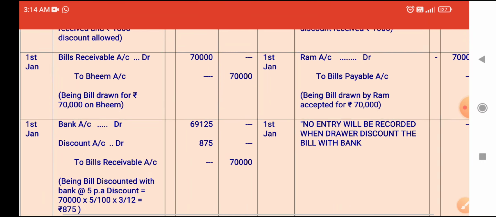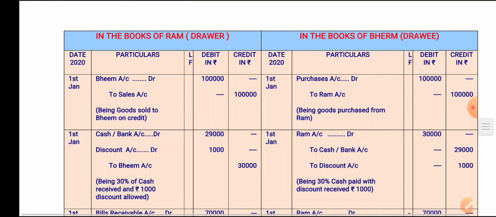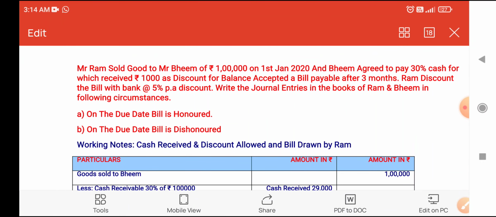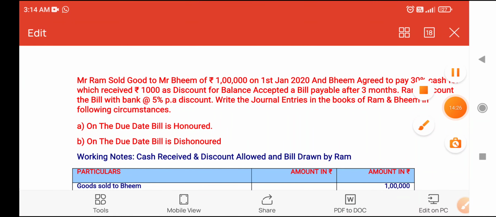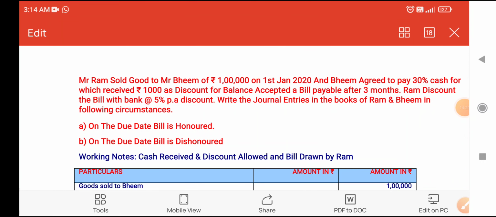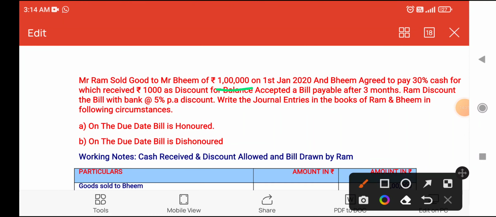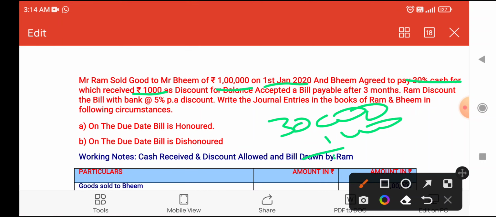So let us recapitulate everything. Goods sold 1 lakh on 1st January. On the same date 30% cash has been received. For that, discount allowed is 1000 rupees. So 1 lakh into 30% is 30,000, but if we deduct 1000 from the 30,000, only 29,000 cash will be received.